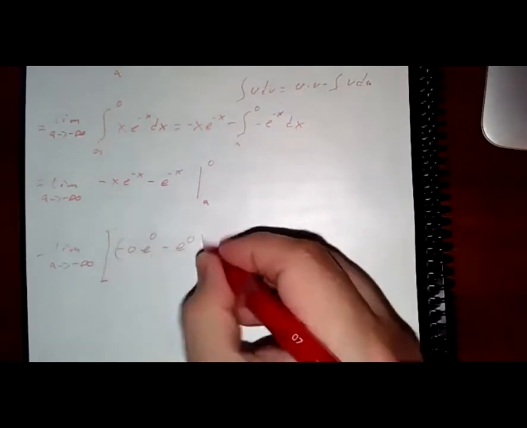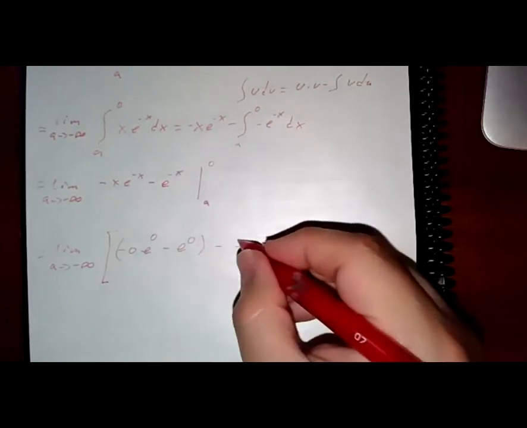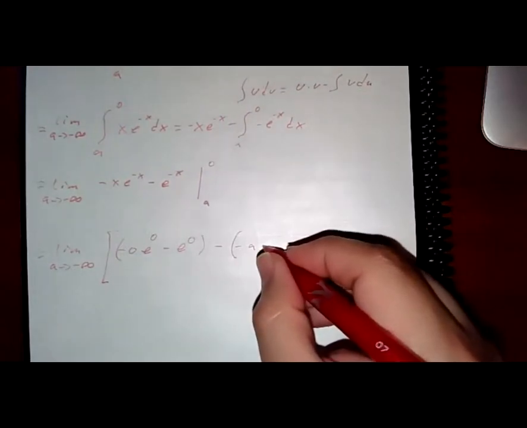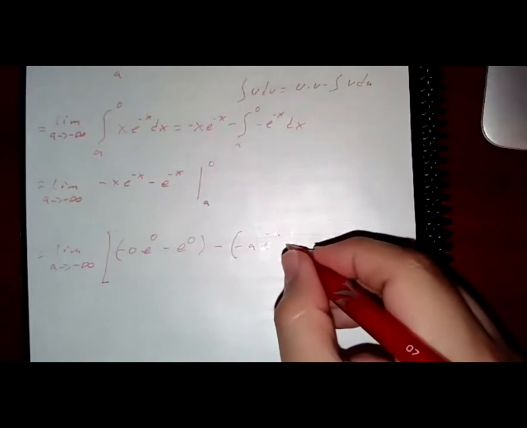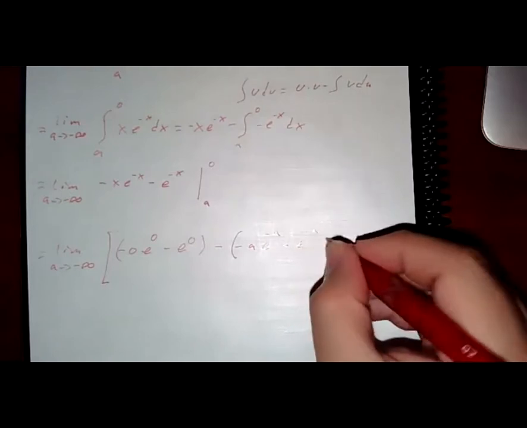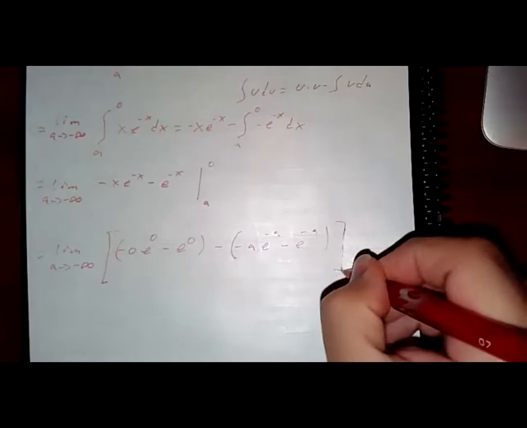So all this minus negative a times e to the negative a, minus e to the negative a. Right.